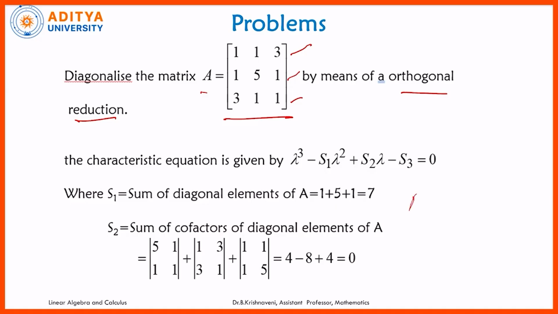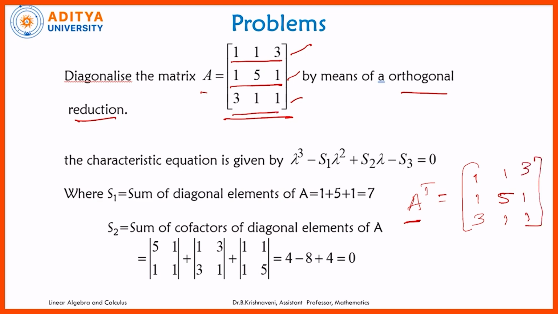For that we need to find A transpose, which means we exchange the rows and columns of A. Write the first row as the first column, that is 1 1 3. The second row 1 5 1 becomes the second column, that is 1 5 1. The third row 3 1 1 becomes the third column. If you observe, this is again equal to A.